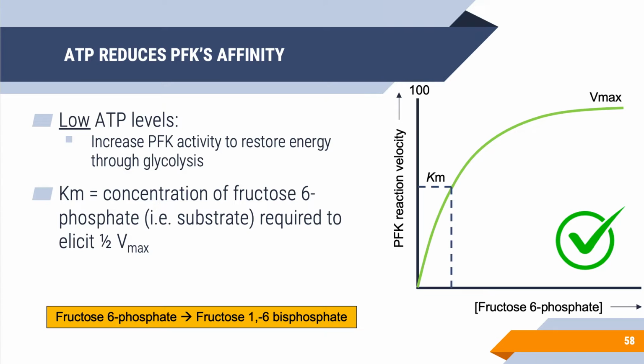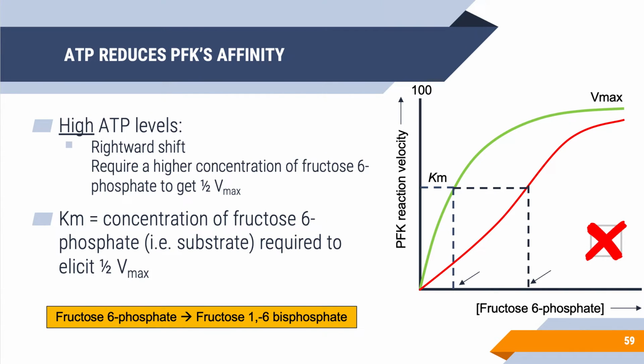So what we see here is that when ATP levels are low, so we need glycolysis to break down glucose to make pyruvate and later ATP, we have increased PFK activity to promote this pathway. But when ATP levels are high, we see this rightward shift where we require a higher concentration of the substrate, fructose-6-phosphate, to get the same amount of the phosphofructokinase reaction to occur.